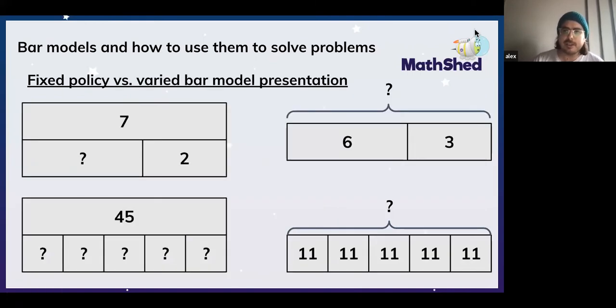Okay, so another thing is some schools and different textbooks have different types of bar models that they use.